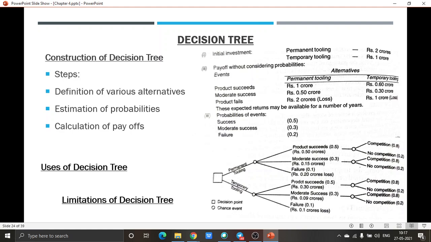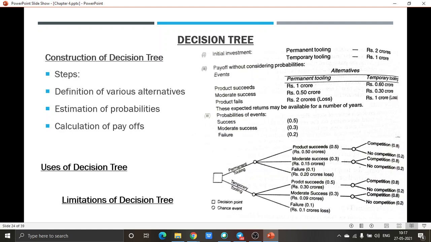Now, as we are discussing the first step, the first basic step in the construction of a decision tree is definition of various alternatives which are available in hand.